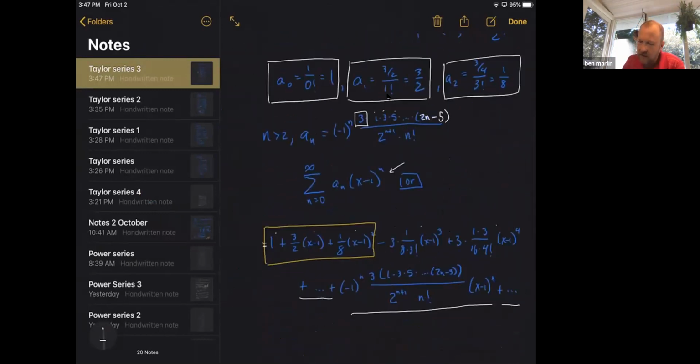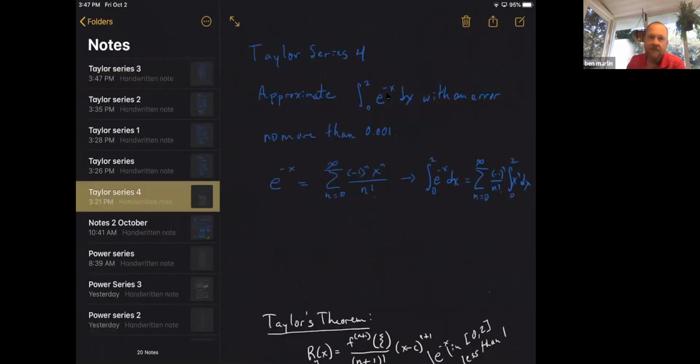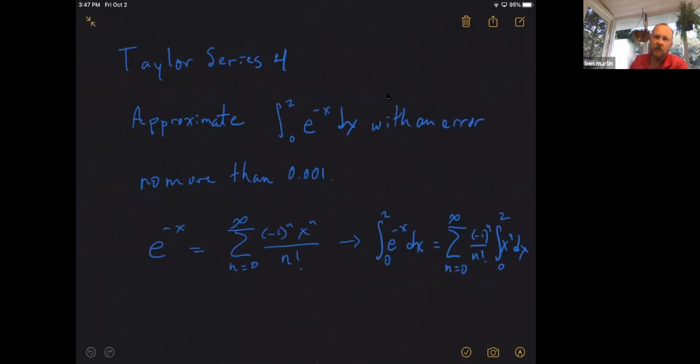All right. Let's take a look at one more example here. And this is the thing where we use Taylor's theorem, okay? So for Taylor's theorem, I'm going to have us do one here. It's not super rough, but you know.